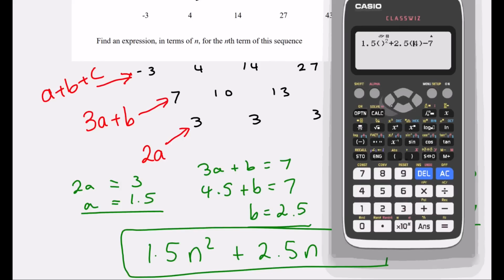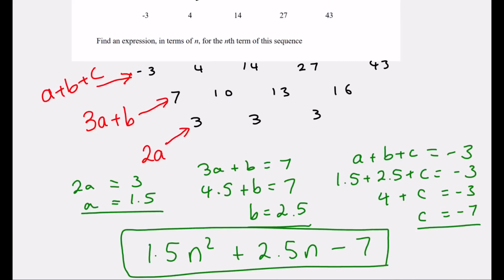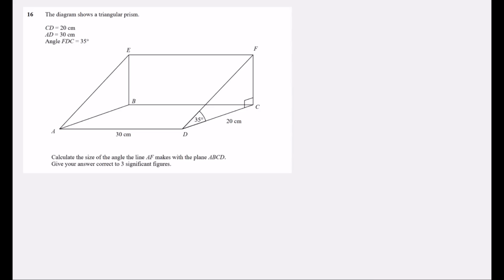So when n is 4, the fourth term is 27. And you can check that the first term is -3. And it is. So we know we've got the nth term right.